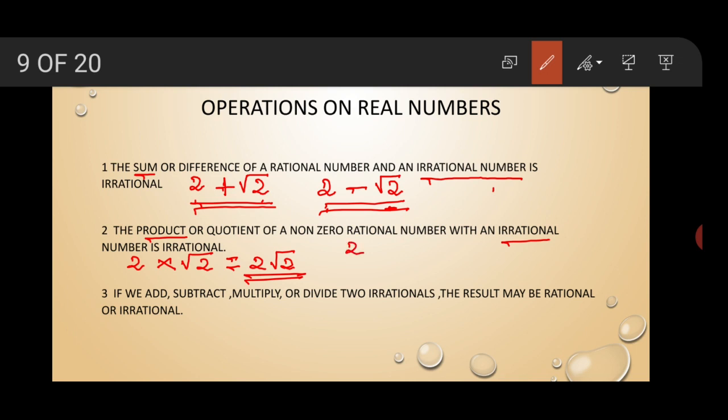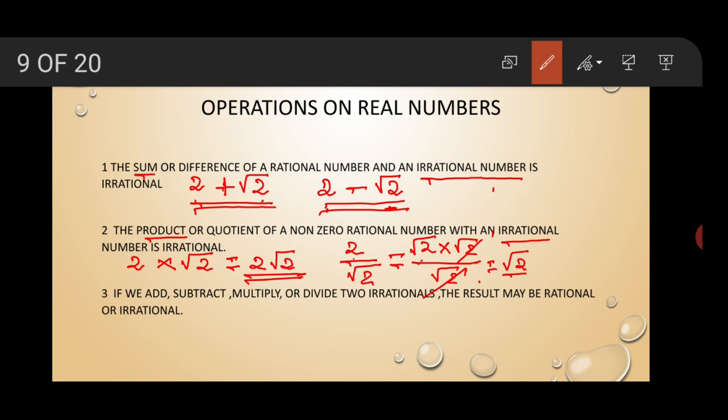Similarly, take their quotient. Quotient means division. The rational number 2 divided by the irrational number root 2 is equal to what? We can write 2 as square root of 2 into square root of 2, because the square root of 2 into square root of 2 is equal to square root of 4, which is 2. So root 2 into root 2 divided by root 2, root 2 cancelled.